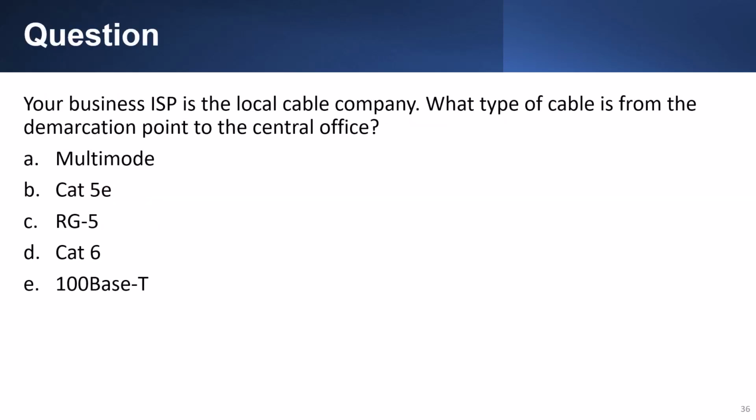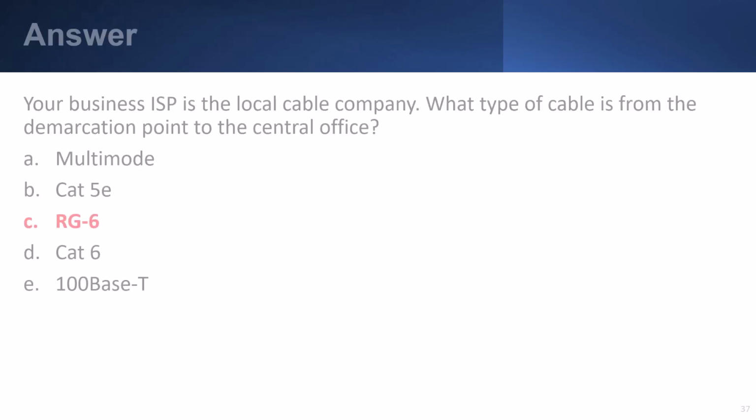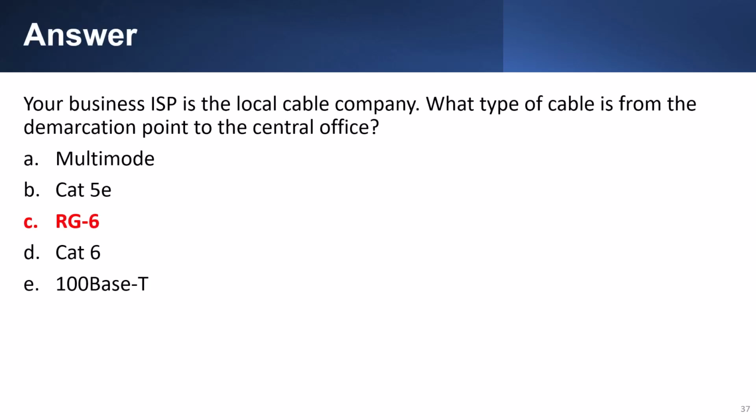Question: your business ISP is the local cable company. What type of cable runs from the demarcation point to the central office? Answer: RG6.